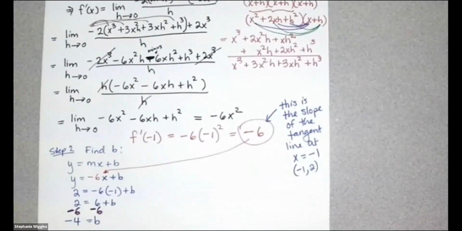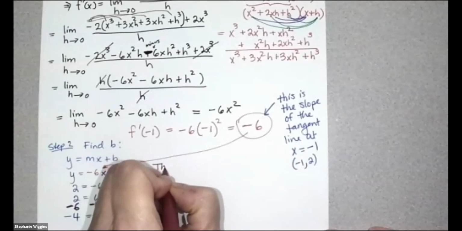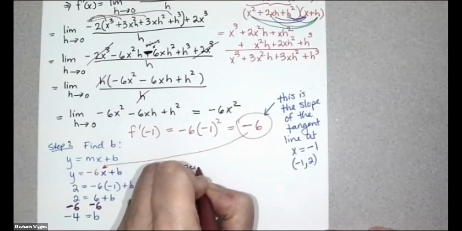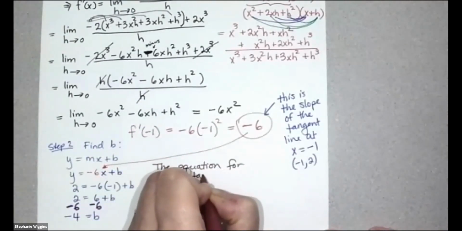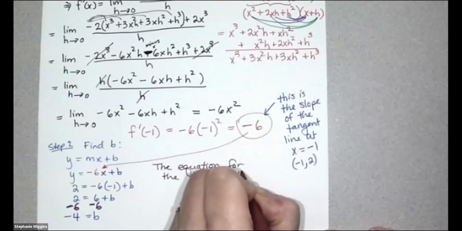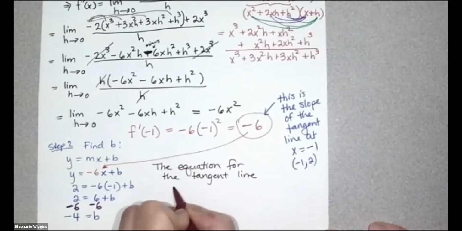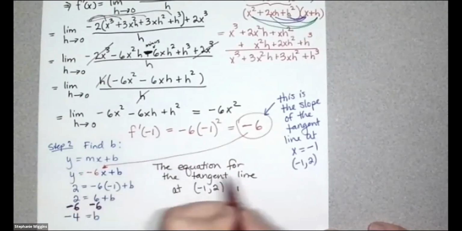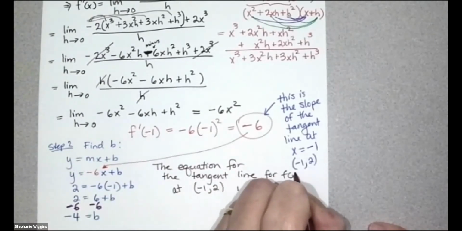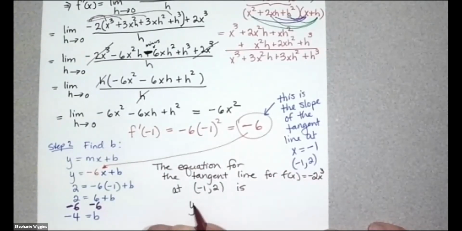So the equation for our tangent line at negative 1, 2 for f of x equal negative 2x cubed is y equals negative 6x minus 4.